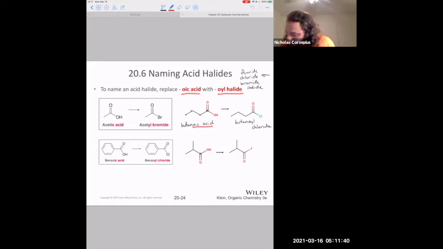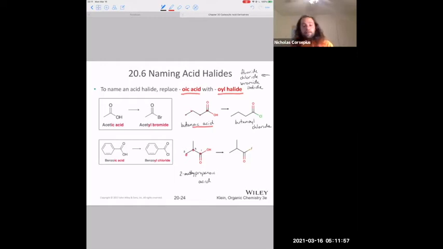Likewise over here, 1, 2, 3, I have a methyl on carbon 2, right? Because this always has to get carbon 1. So 2-methylpropanoic acid.